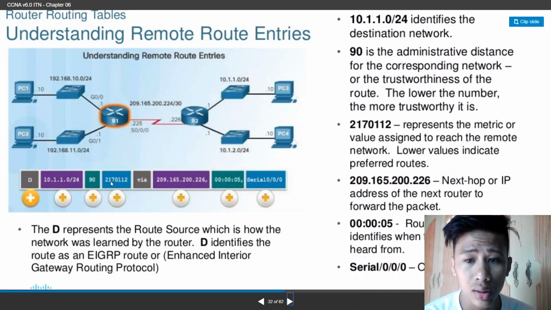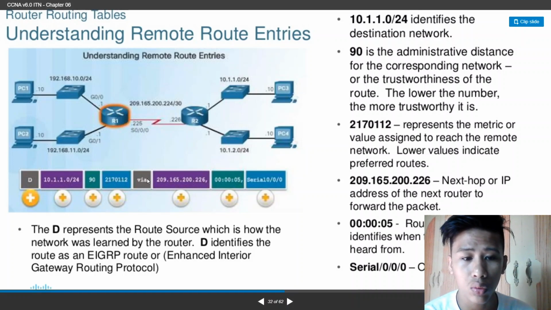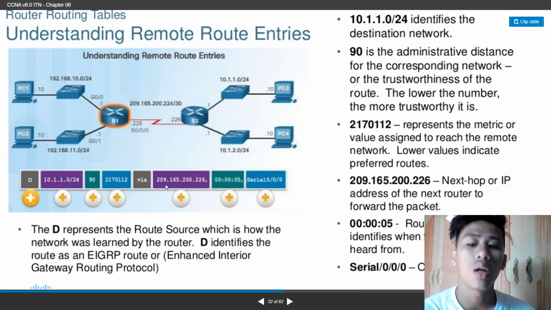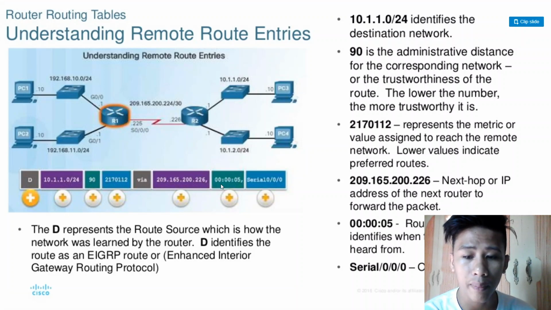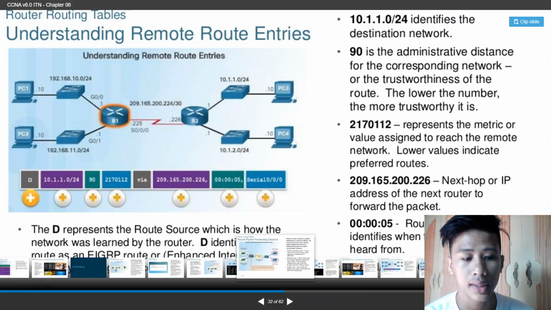Then there's 2170112, which represents the metric, the value assigned to reach the remote network. 209.165.200.26 is the next hop, the IP address of the next router to forward the packets to. 00:00:05 is a timestamp that identifies when the route was last heard from, and Serial 0/0/0 is the outgoing interface.